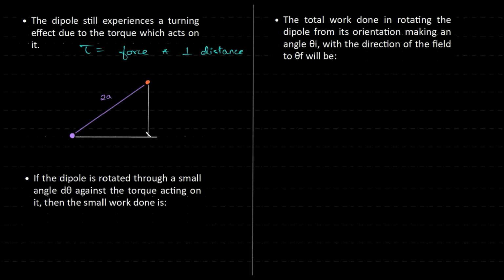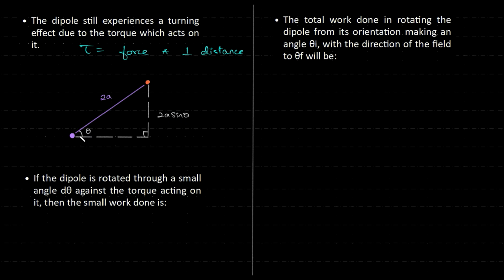This and this create a right angle triangle. This is angle theta. So what is this length? 2a cos theta, right? Nope, this is 2a sin theta. Opposite side, opposite to angle theta.